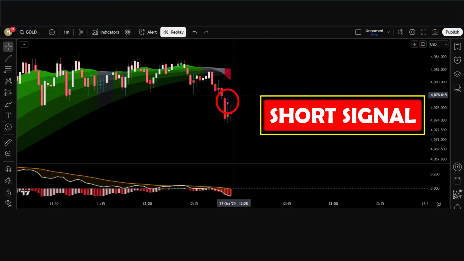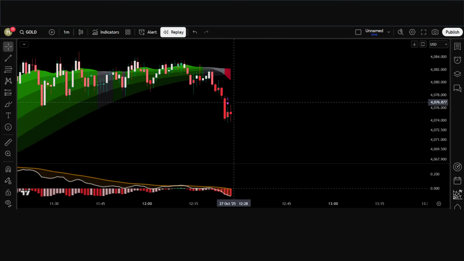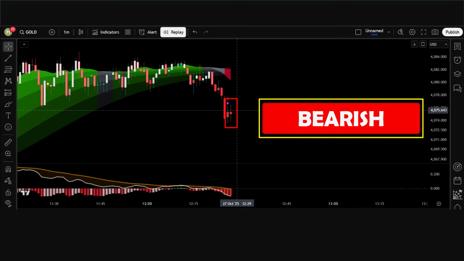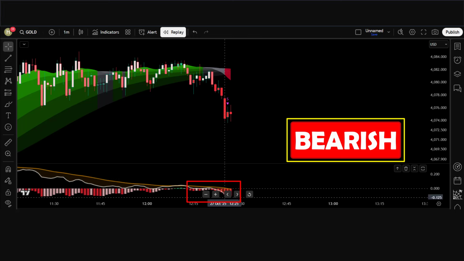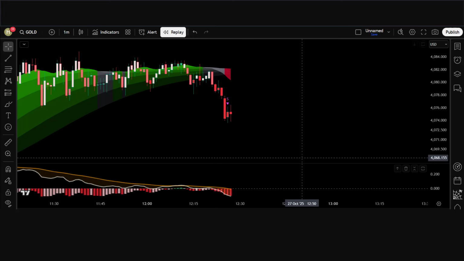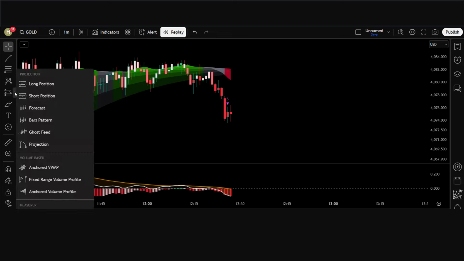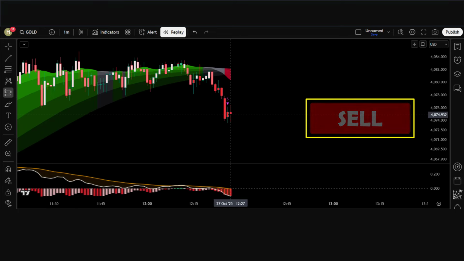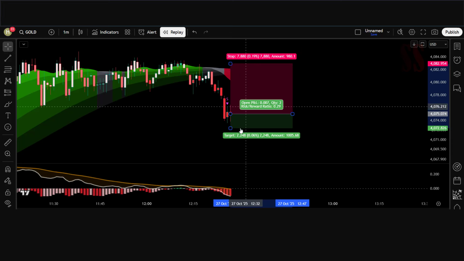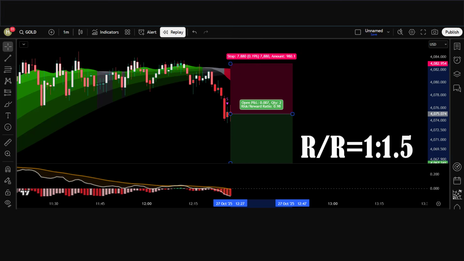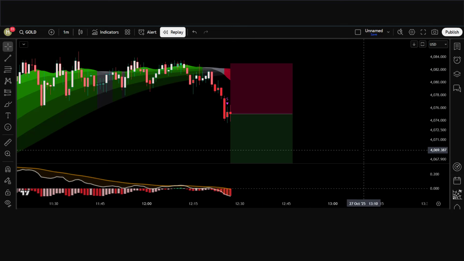When the T3 striped cloud indicator gives us a short signal, when the market has created a bearish candle, when the columns of the Momentum Ghost Machine indicator are bearish, so all these conditions are met, then we have to take a sell order. Place your stop loss at the current market's higher level, and the risk to reward ratio will be 1:1.5.